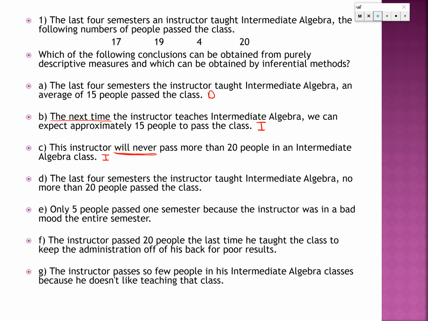Letter D, in the last 4 semesters the instructor taught it, no more than 20 people passed the class. Now that's actually descriptive. That is fact. Letter E, only 5 people passed one semester because the instructor was in a bad mood. That's just making an inference.